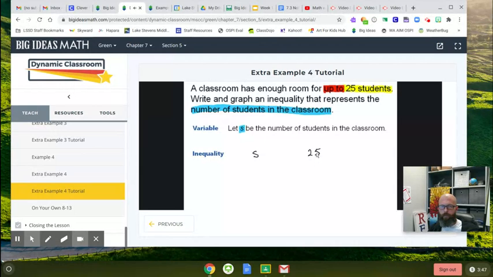Now let's determine if S can be equal to 25. Can you have 25 students in the classroom? The phrase up to includes 25. So you can have 25 students in the classroom. This means that S could equal 25. An inequality that represents the number of students in the classroom is S is less than or equal to 25.